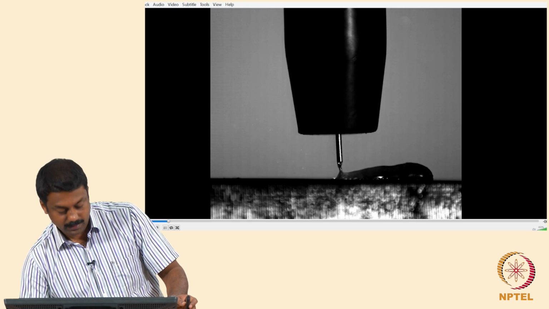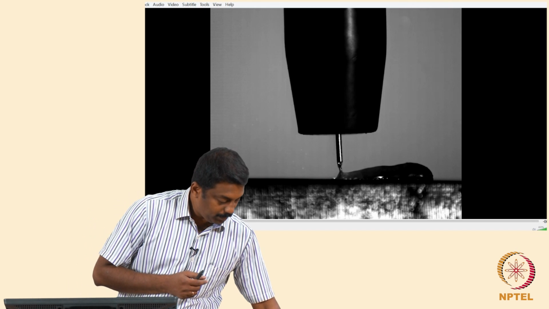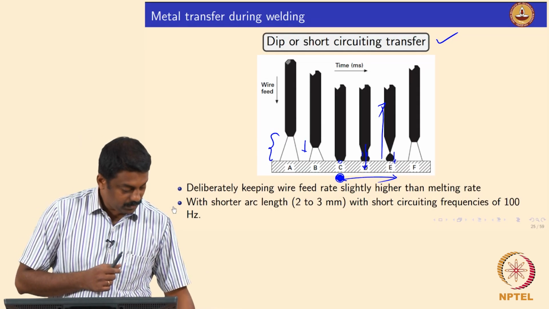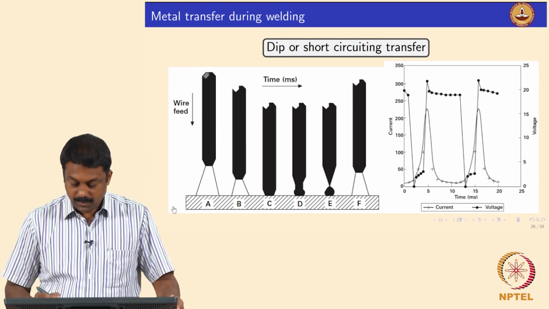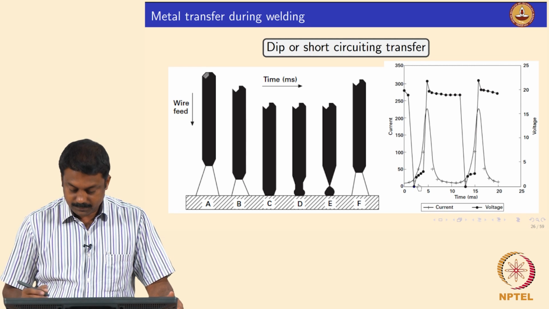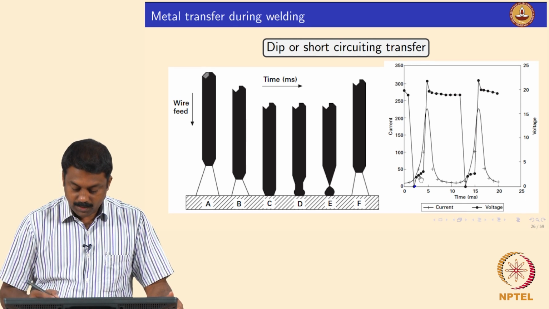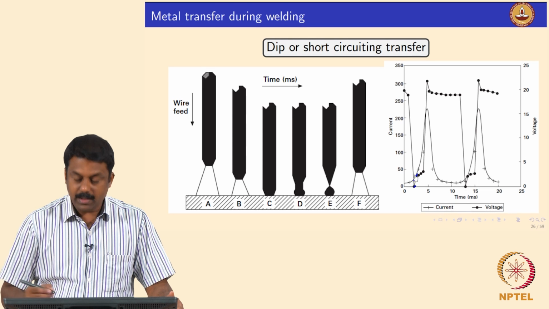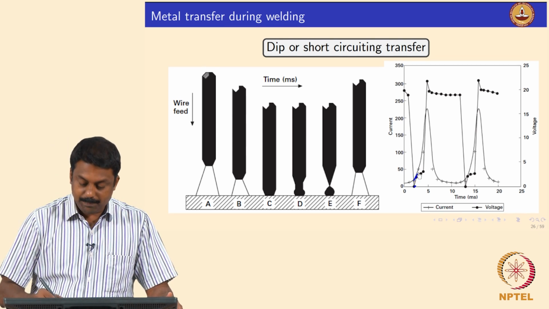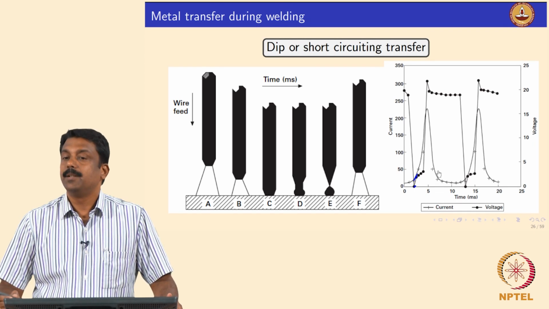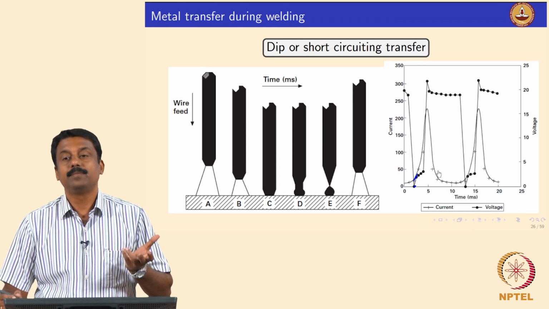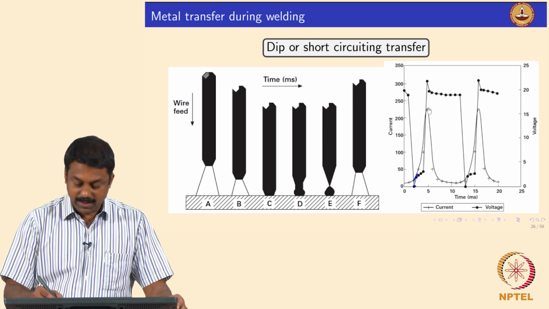So if you want to achieve a proper short circuiting event, we will have to make sure that, so this is the current and voltage. The moment the short circuiting happens, I will have to make sure that your current is also low, and then you can have a pulse to form the arc and the droplet at the tip, and then you bring it down.